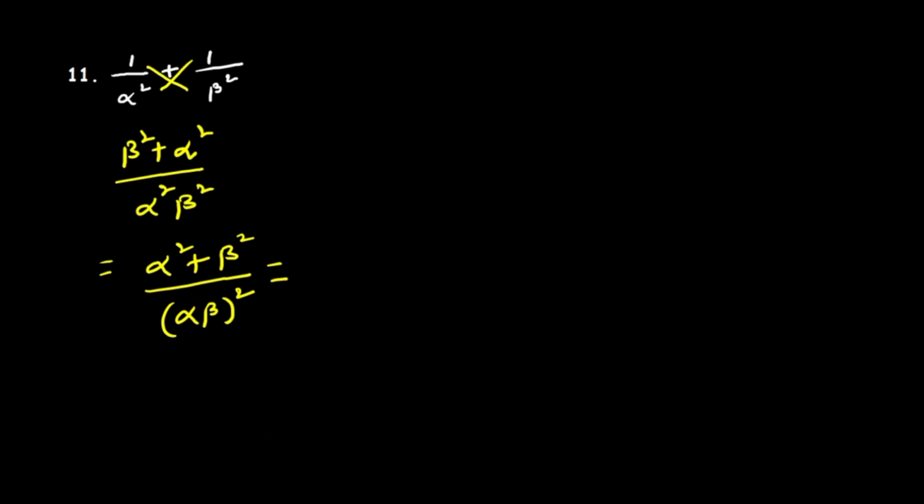Alpha square plus beta square is 29, divided by alpha into beta, which is 10, so that is 10 square, which is 100. So this is the answer for 1 by alpha square plus 1 by beta square. You have to concentrate on how we are using this model, it is very important. So 29 by 100 is the answer for this question.